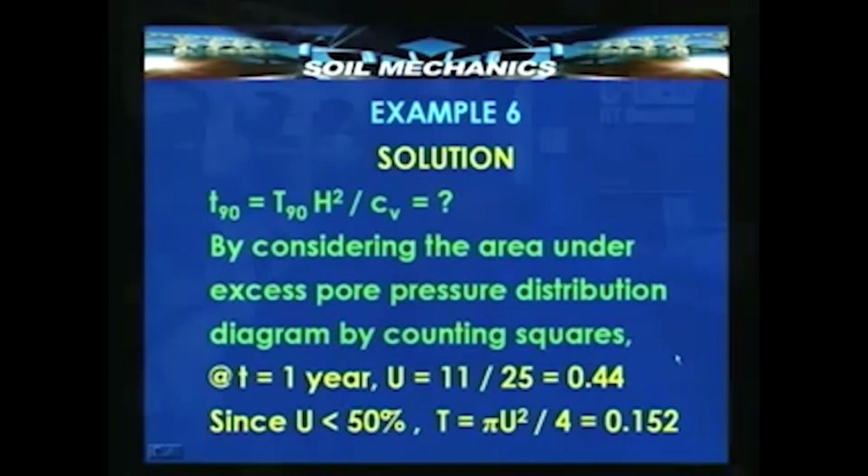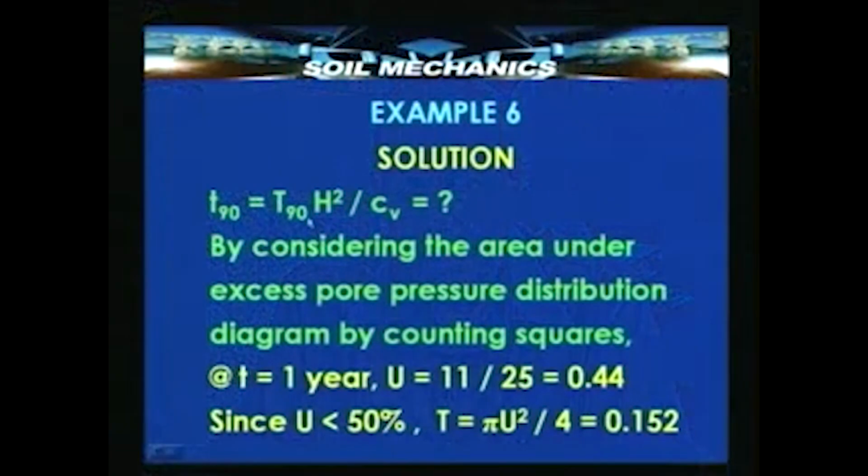So, what does this mean? This means that at the end of t equal to 1 year, from the pressure distribution diagram we find that the area of the portion where pressure has been dissipated is 0.44, which means that is the degree of consolidation, and corresponding to that the capital T value is 0.152.